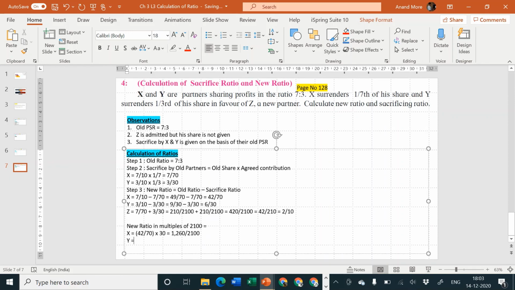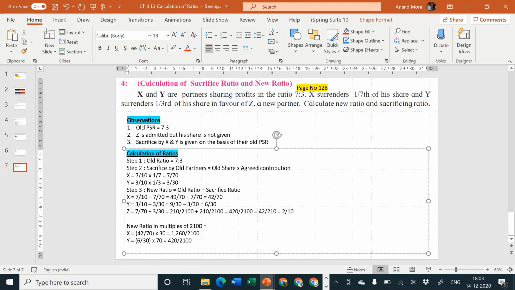Next, for Y, I'll write the new ratio of Y we have calculated just now. It is 6 by 30. So I can specify 6 by 30 into 70. That goes to 420 upon 2100.